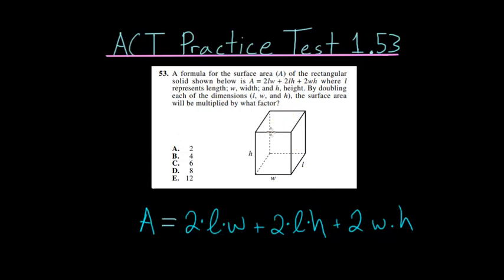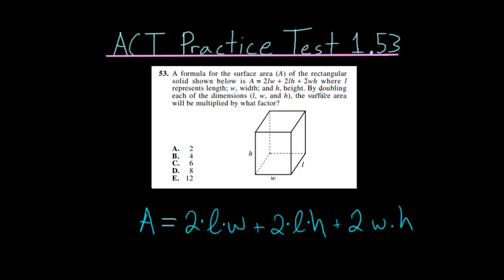And notice the 2 side faces would just be the length multiplied by the height, so that's this face here and this face here. And there are 2 where you multiply the length times the height, so that would be this middle term in our formula. And then the top and the bottom is just the length times the width, and again there are 2 of those. So that's this term here.